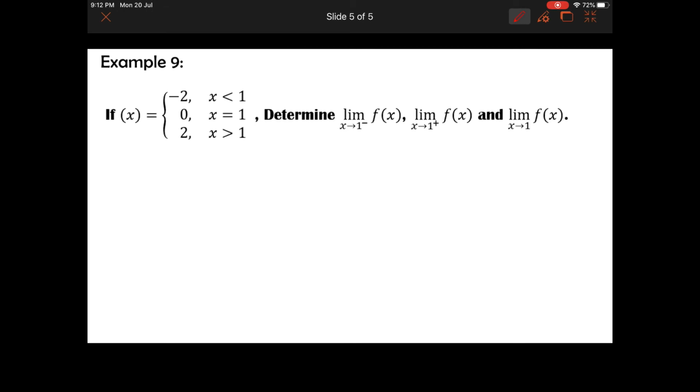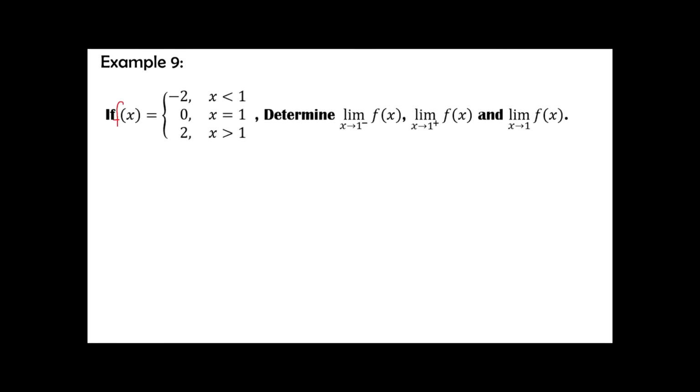Proceed to the next example, the last one. Example 9. If we have, once again, a piecewise function, 2 when x is greater than 1, 0 when x is equal to 1, and negative 2 when x is less than 1. Determine the following limits.